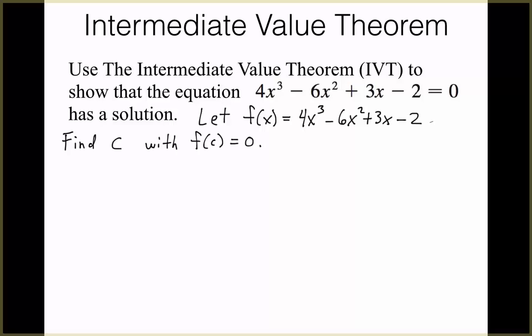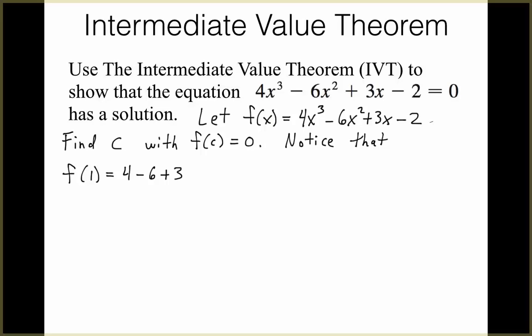Now I can use the intermediate value theorem if I can find a value of x where the function is positive and a value of x where the function is negative, and then somewhere between there the function must equal 0. Notice that if I plug in 1 into this function, f of 1 equals 4 minus 6 plus 3 minus 2, which equals negative 1. So this is negative.